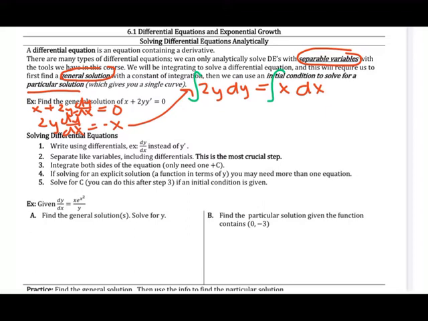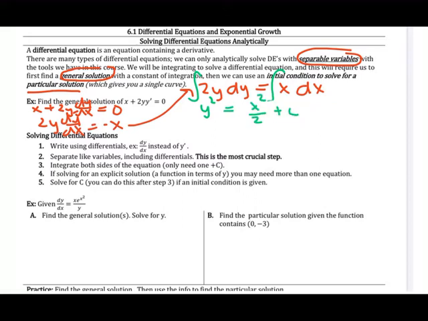So the integral of 2y dy is going to be y squared. The integral of x dx is going to be x squared over 2. And since c just represents some arbitrary constant, we can just put plus c on either of the two sides. We don't need to put it on both sides.